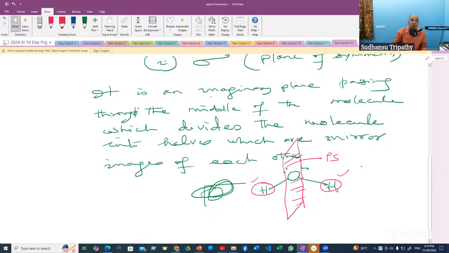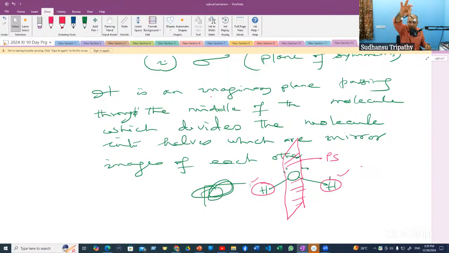The 4th one I have also hinted at, but I will be telling in detail. Now, it would be better if I tell you with the structure. So this is, supposing, a water molecule.